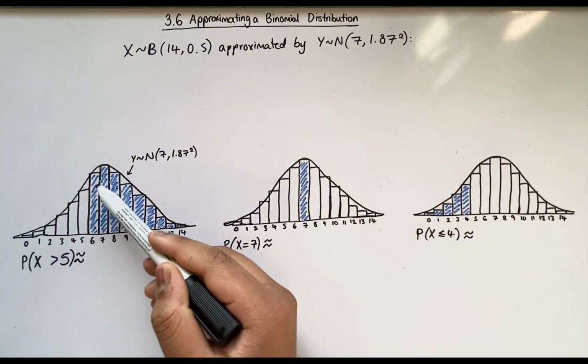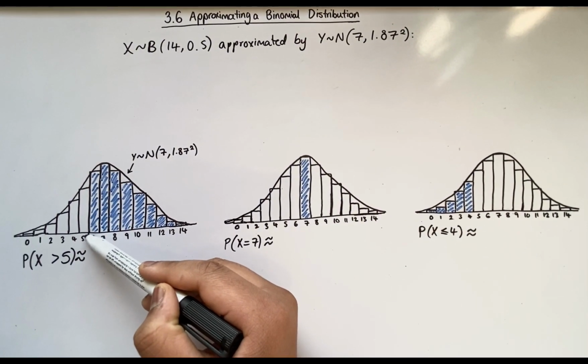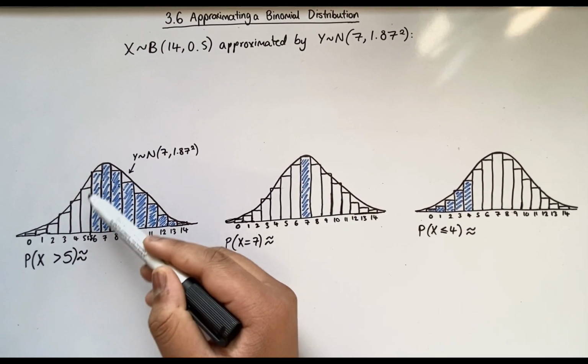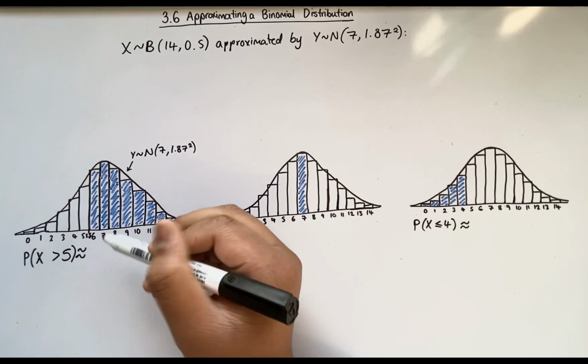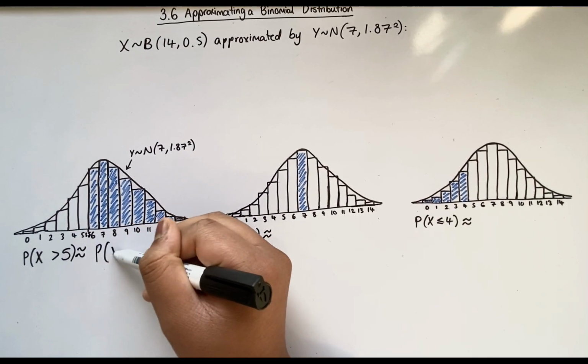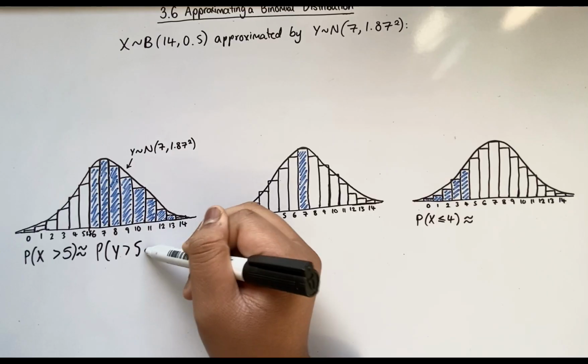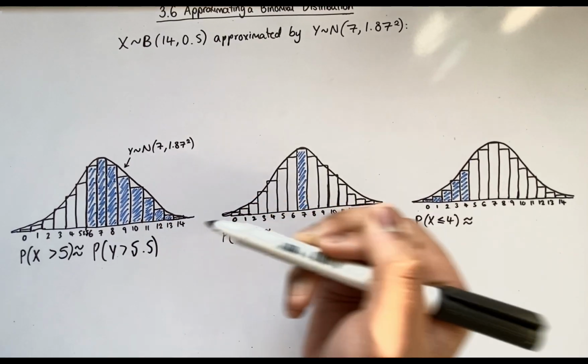But because 6 and 5 have the middle ground, 5.5, and we want everything above 5.5, it can be approximated as the probability that Y is bigger than 5.5, as Y is continuous.